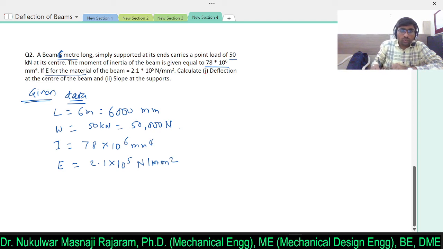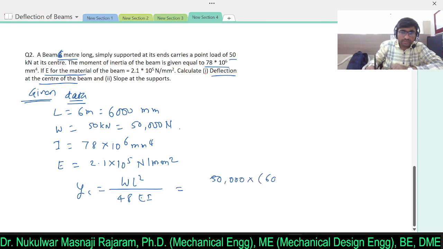Clear? Now what are they asking? They are asking for the deflection at the center. So directly I will use the formula YC equal to WL cube divided by 48 EI. Here W is given, 50,000, into L is given, 6,000 cube, divided by 48.